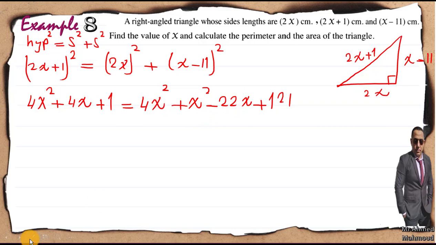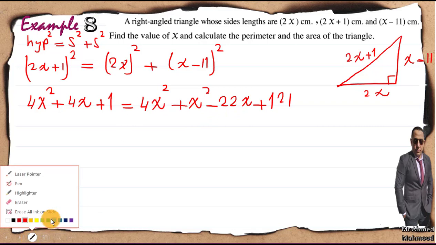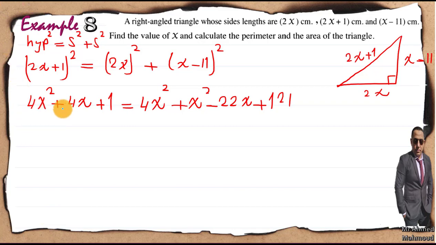By looking carefully at this equation, I see 4x power of 2 and 4x power of 2, so I'm going to cross them out. I'm going to send 1 to the right side and 4x to the right side.